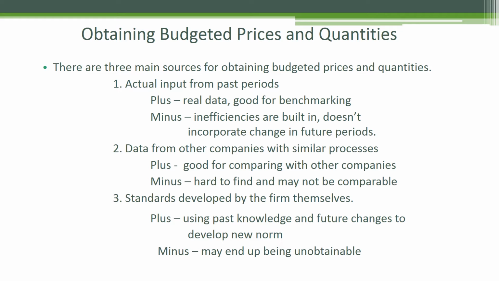The disadvantage to developing these standards ourselves might be that we accidentally come up with a standard that is unobtainable. Using these benchmarks that are unobtainable can sometimes be discouraging to the workforce and may have a negative effect on what we are trying to accomplish.